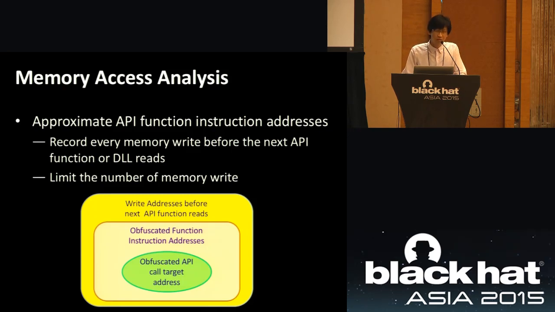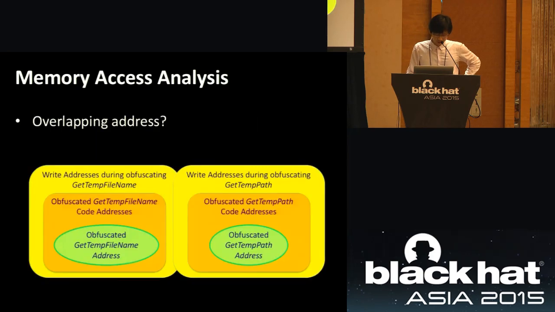This algorithm has some problem because after the last API function obfuscation, we don't know when it ends. So I limited the number of memory writes to about 10,000. It worked. And there are some overlapping addresses.